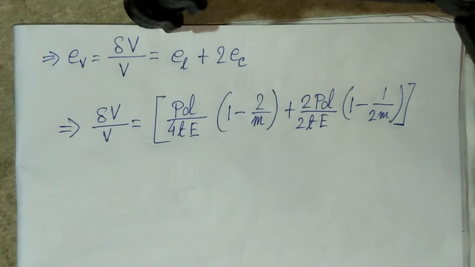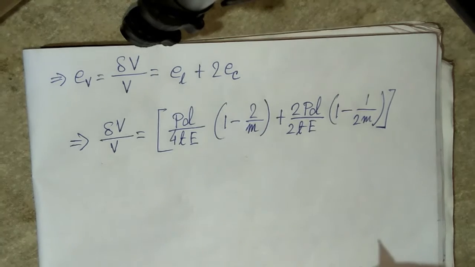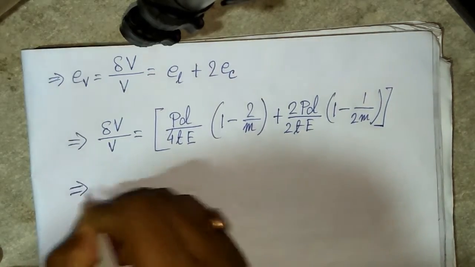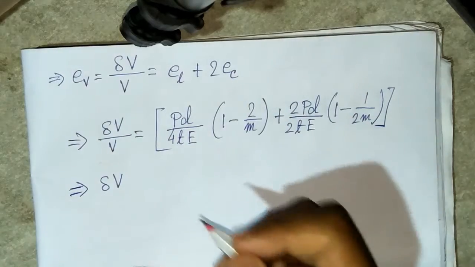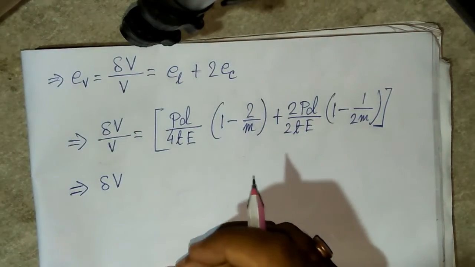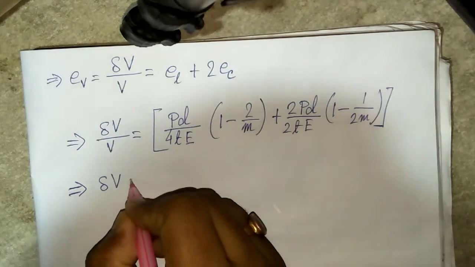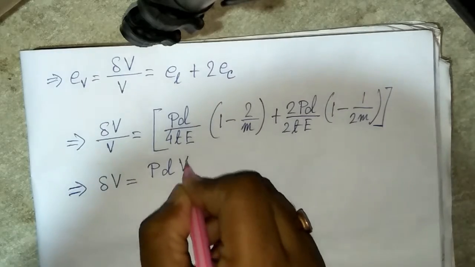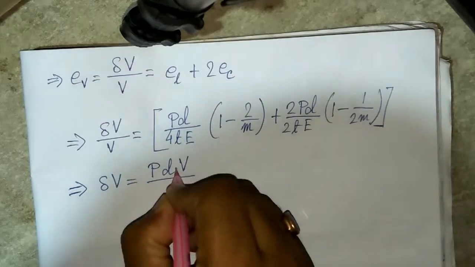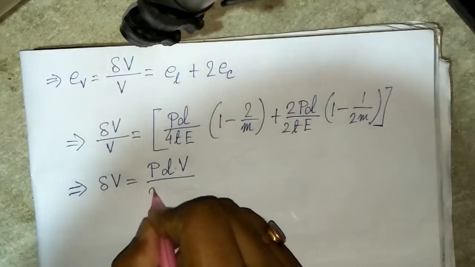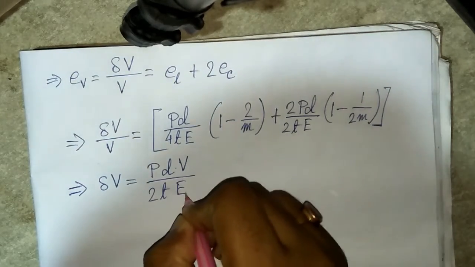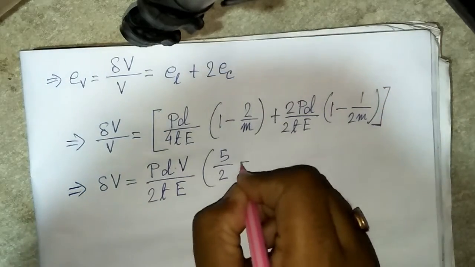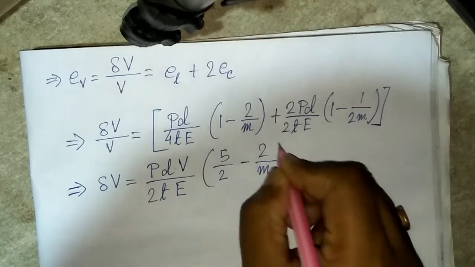Okay, so now the value of delta V, the change in volume, becomes PD into V by 2T into E into (5/2 - 2/m).